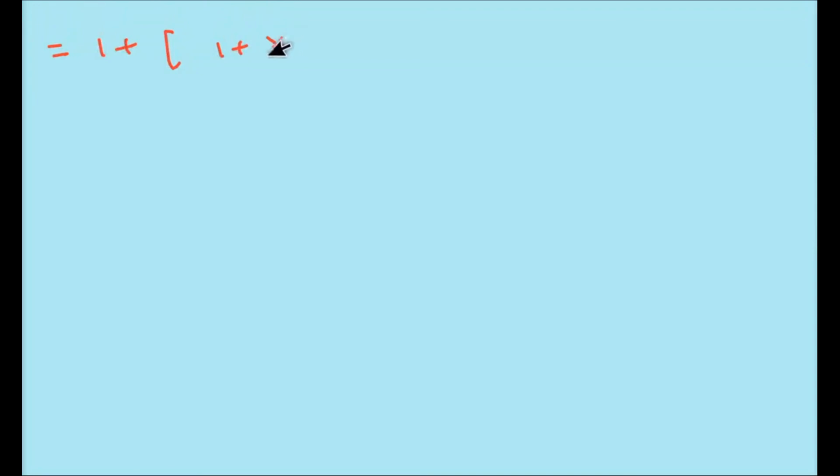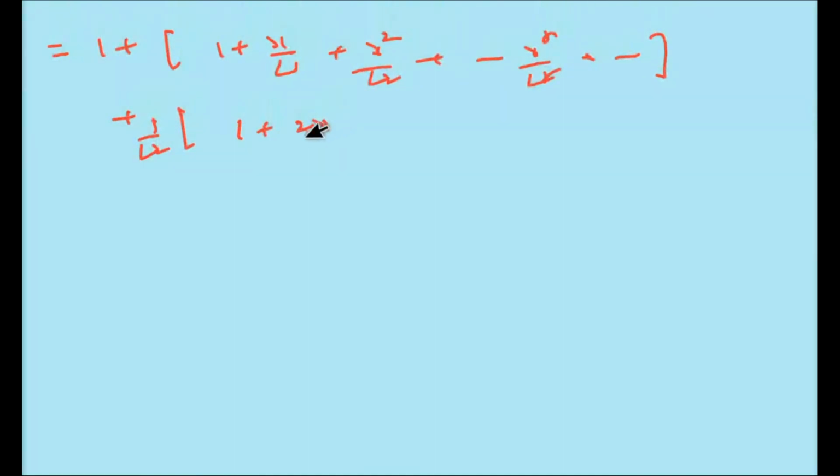Then what do we get? 1 plus x upon factorial 1 plus x square upon factorial 2 plus and so on, x to the power r upon factorial r. And next we get 1 upon factorial 2 outside and 1 plus 2x upon factorial 1, 2 square x square upon factorial 2 and so on, up to 2 to the power r, x to the power r upon factorial r.